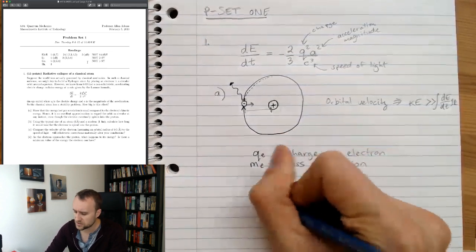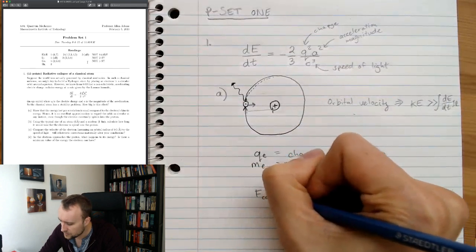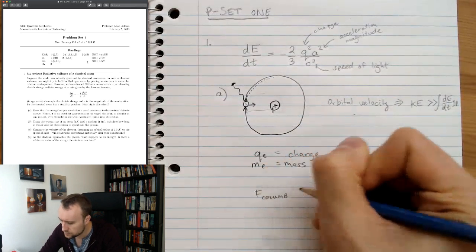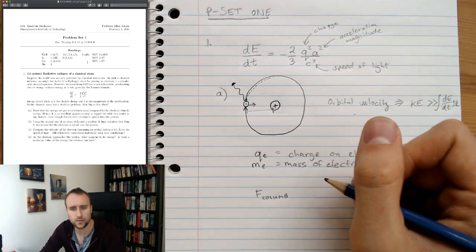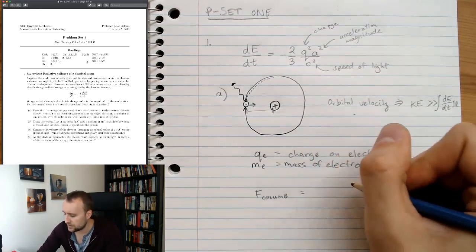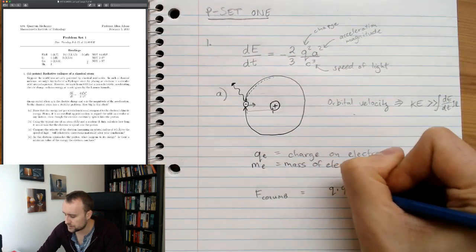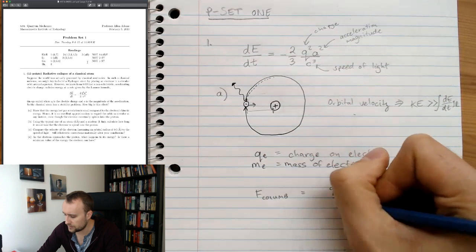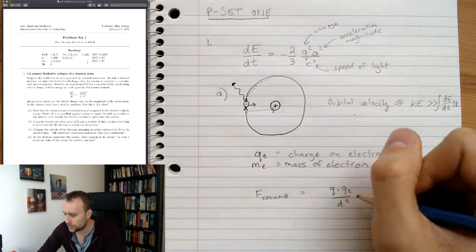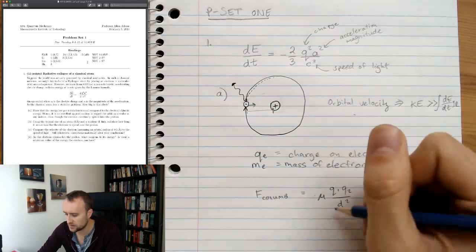If I don't know this, I'm just going to look it up. I have my textbooks. This is something proportional to the charge of one, times the charge of the other, divided by the distance squared, I'm pretty sure, times some constant.